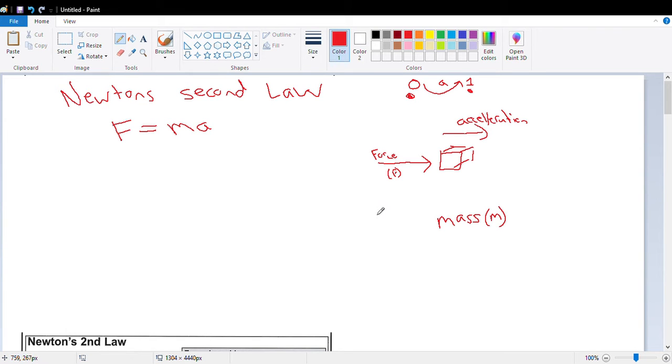But let's start with a block, and I want you to imagine it's really heavy. It has a lot of mass. Big block, it's a truck. If I try and push that truck, it's not going to move because it has a lot of mass.